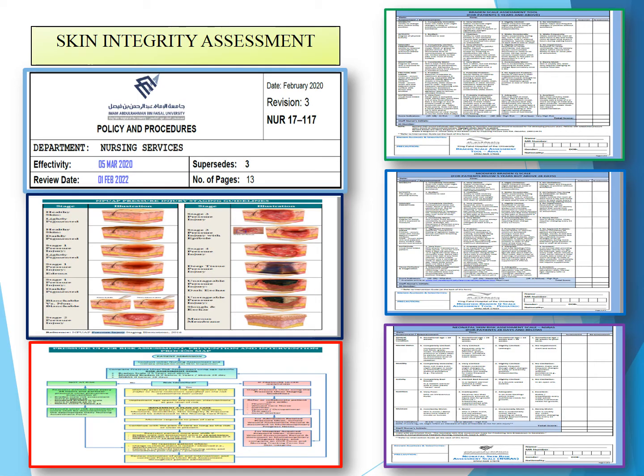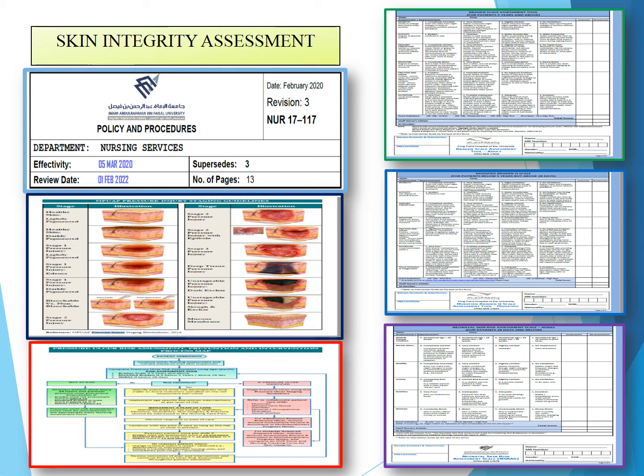All patients will be inspected from head to toe upon admission. Any identified skin integrity impairment will be documented via the Hospital Information System or HIS. For skin risk screening and assessment, an age-specific standardized form will be utilized. For 5 years old and above, use Braden Scale Skin Risk Assessment.